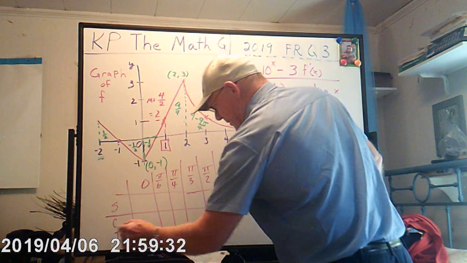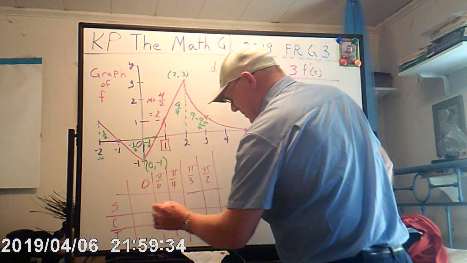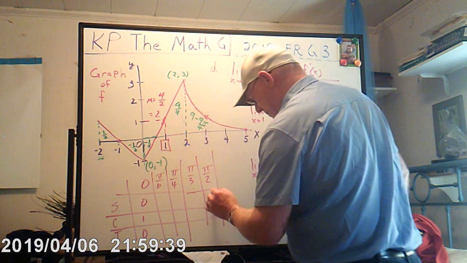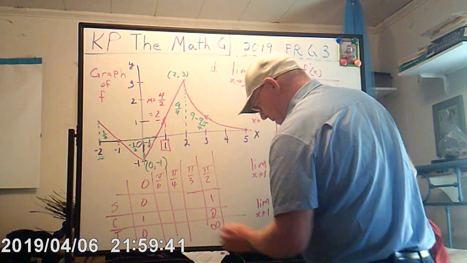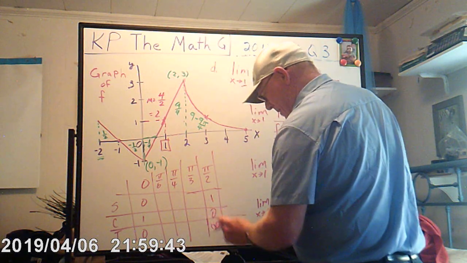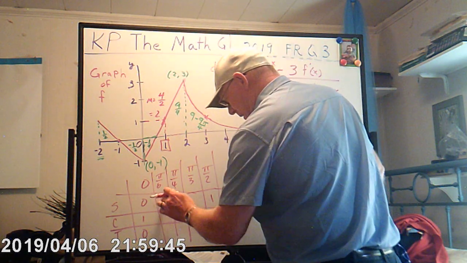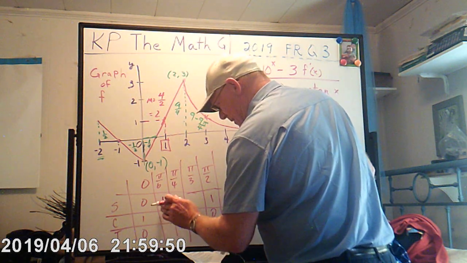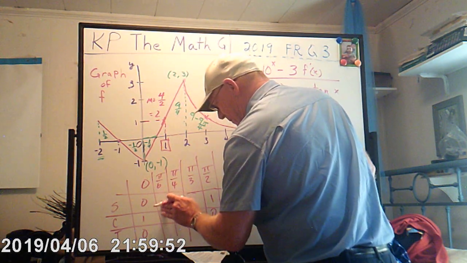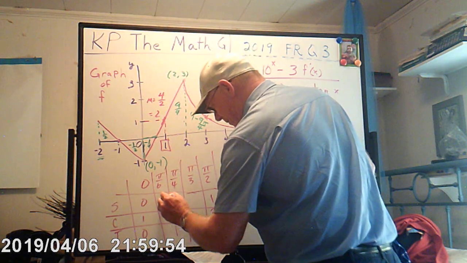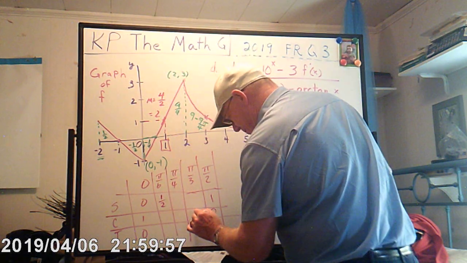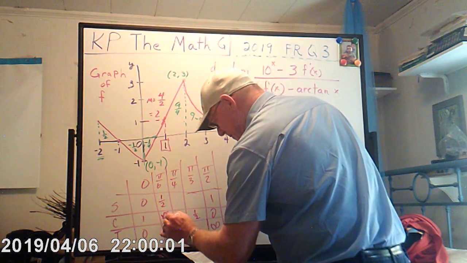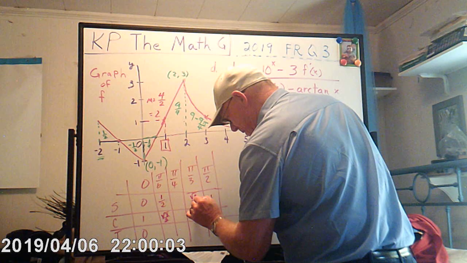And of course, remember this one here, sine of 0 is 0, cosine is 1, so tangent is 0 over 1, which is 0. Remember 1 over 0 can't work. This one would be, for pi over 6, a half. A half would be down here. Square root of 3 over 2, square root of 3 over 2 over here.